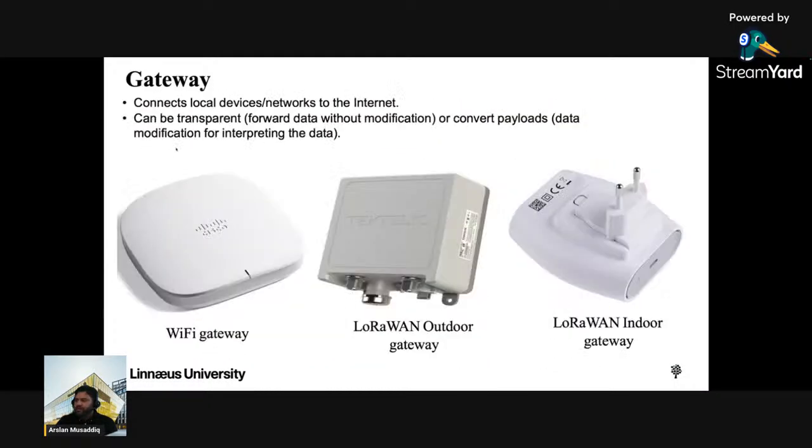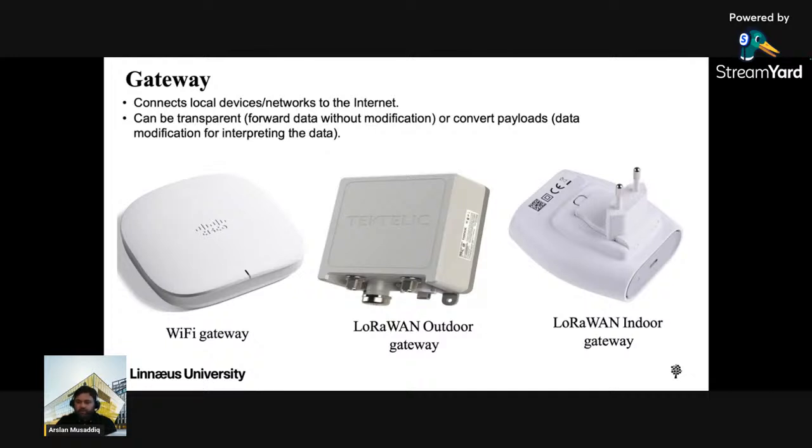And next, we have gateways. As we saw before, a gateway serves as the bridge between local devices and networks on the internet. It ensures that data collected by IoT devices can be transmitted to the cloud or other remote systems for processing, storage, and analysis. Gateways perform two main roles.